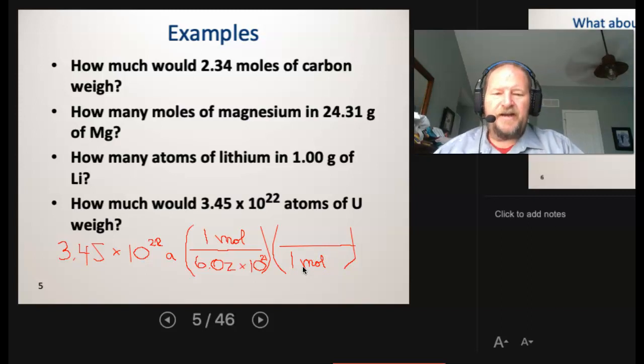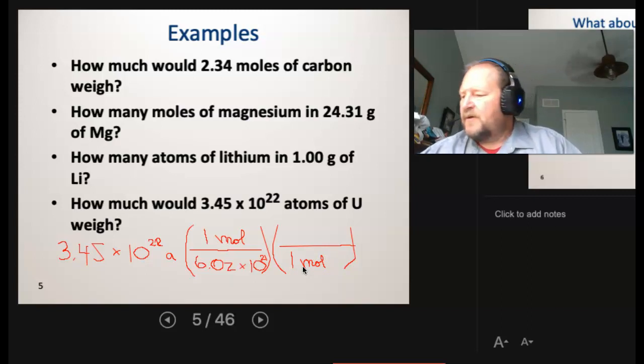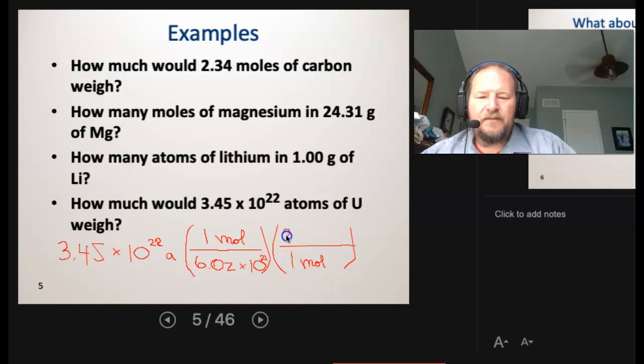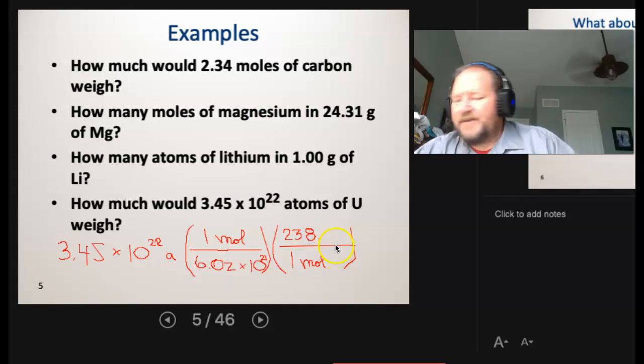And now we're going to go to our handy dandy periodic table. We're going to find uranium. Uranium is number 92 and has a mass of 238.03.